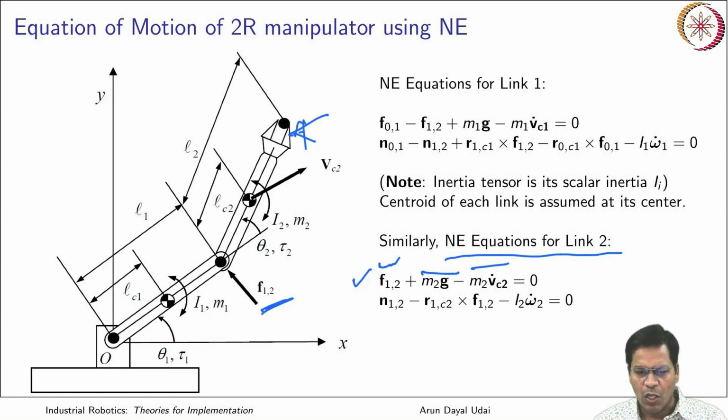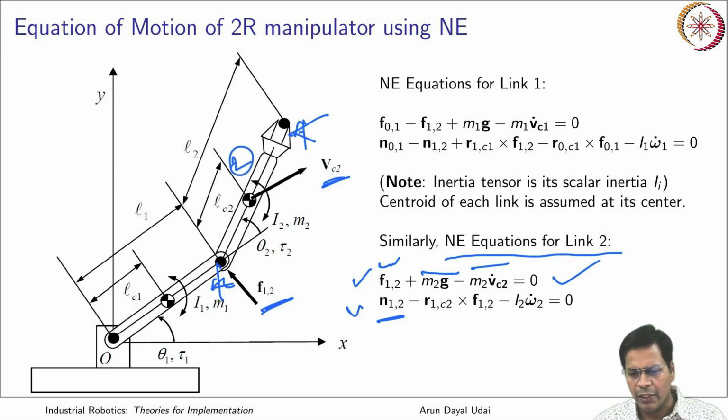This is the velocity of the center of mass, which you know already. So this is the force balance equation, and this one is the moment balance equation. Again you have a moment acting only at this end. Okay, so that is how it goes for this second link.